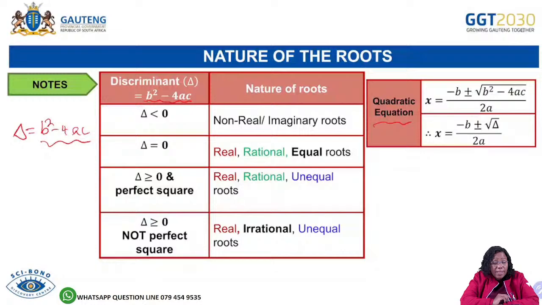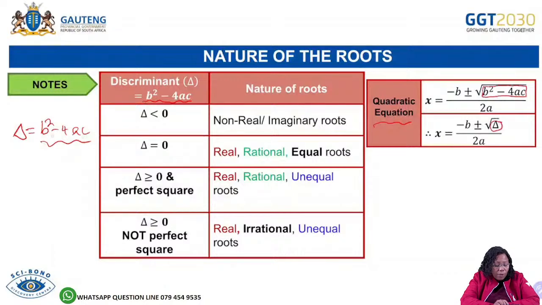But where do we get this b squared? It is from your quadratic formula. Inside your quadratic formula, we have that discriminant. Hence, this is the discriminant in your quadratic formula. So it has a relationship with quadratic equations and your quadratic formula.